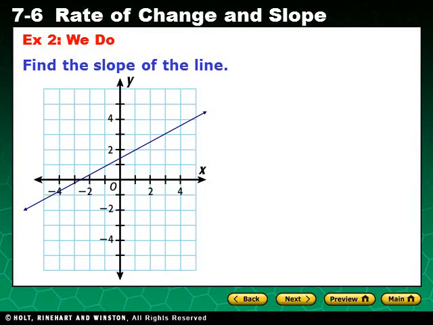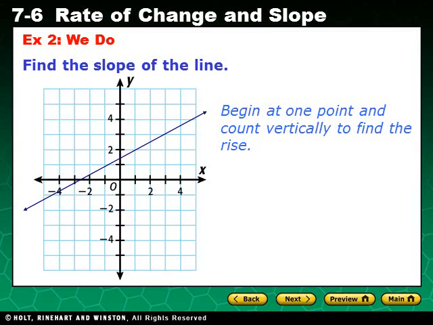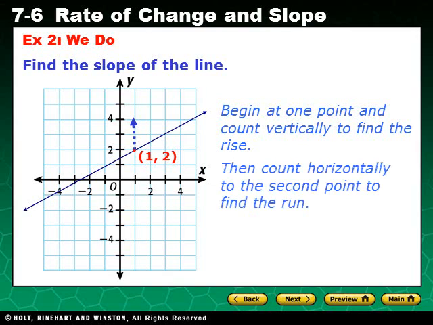But let's choose some points on the line. So let's look for one. Right here, this point right here is right at 1, 2. Now, to find another one, we have to go up 1, 2 and right 1, 2, 3, 4 spaces.